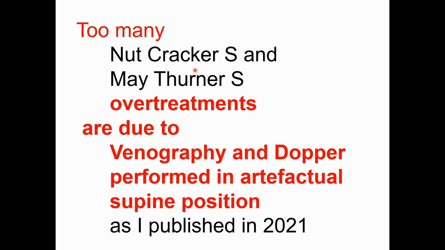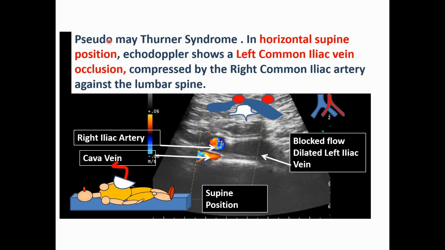Too many Nutcracker and May-Turner syndrome over-treatments are due to venography and Doppler performed in an artifactual supine position, as I published in 2021. Pseudo-May-Turner syndrome: in horizontal supine position, echodoppler shows a left common iliac vein occlusion compressed by the right common iliac artery against the lumbar spine.